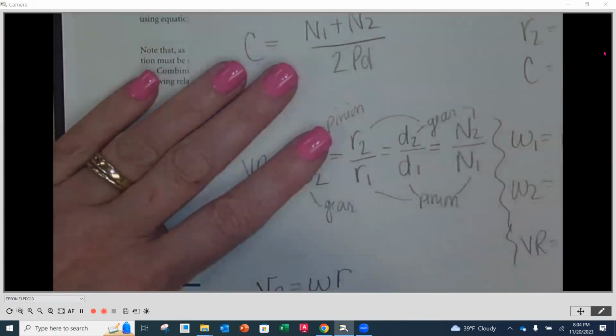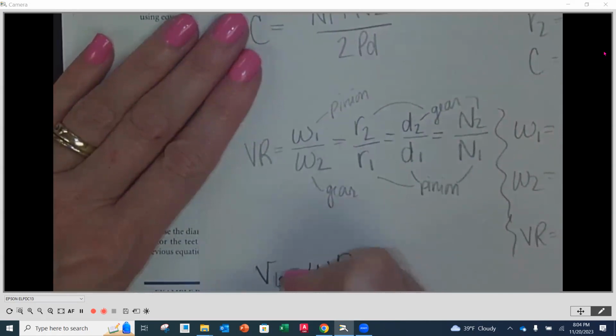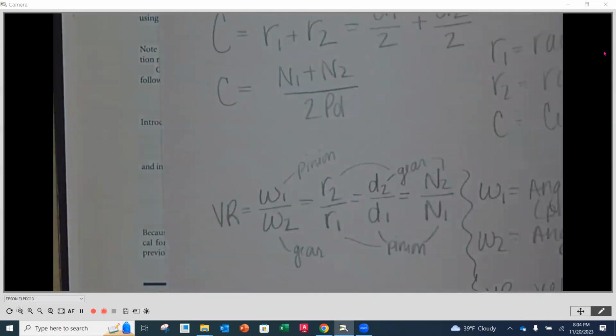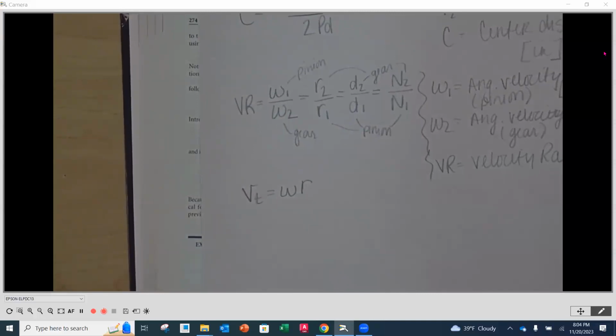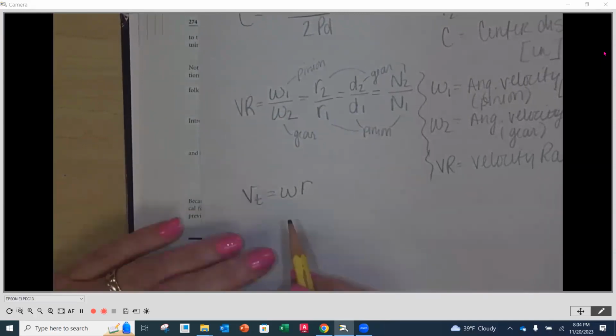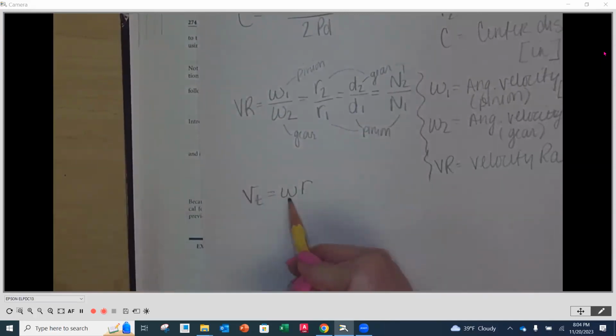Now I shouldn't call it pitch line speed. They call it tangential speed. Okay. And that makes sense because it's around the outside of the circle, tangent to it. So tangential speed or pitch line velocity is going to be equal to whatever the rotational speed is of that gear times its radius back to its center of rotation.